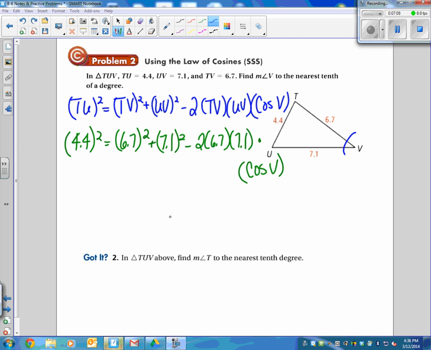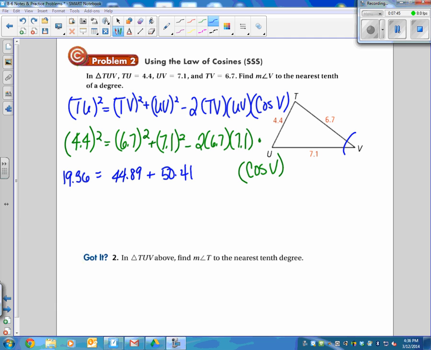Okay, and then we'll go over here and start filling in the numbers that we have. So if we say that 4.4 squared, I punch that in the calculator, that will give us 19.36 equals, and then 6.7 squared is going to give us 44.89, and then 7.1 squared is going to give us 50.41.